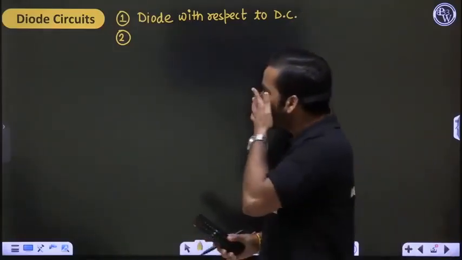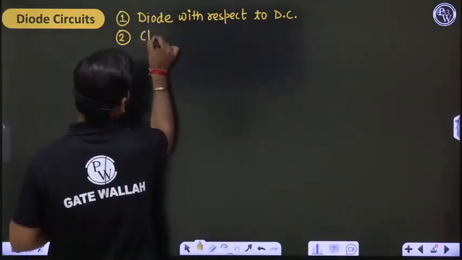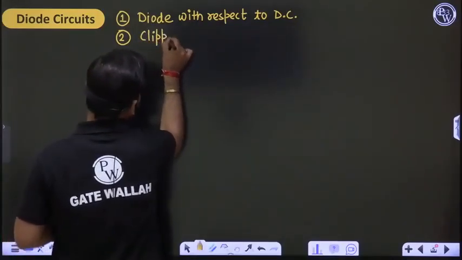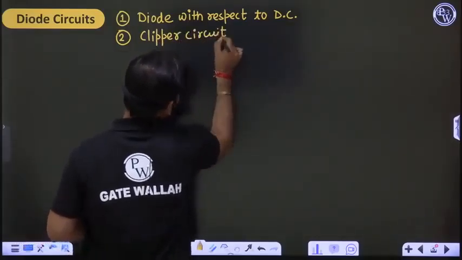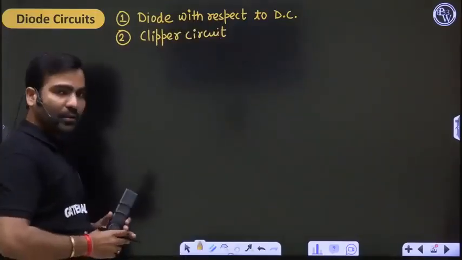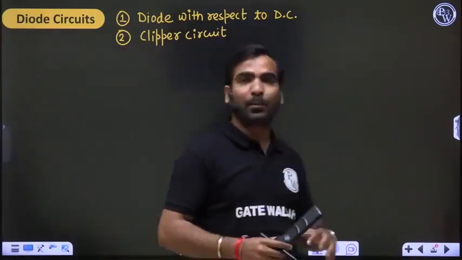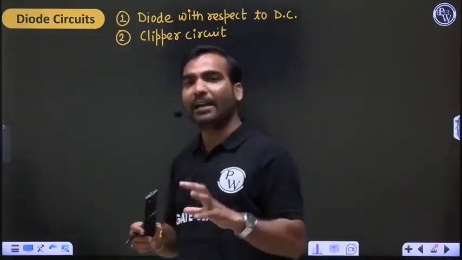Second, after that, is the clipper circuit. What you will see in a clipper circuit, I will tell you when I discuss it. But in the clipper circuit there is one big AC signal, a large signal, and a diode.